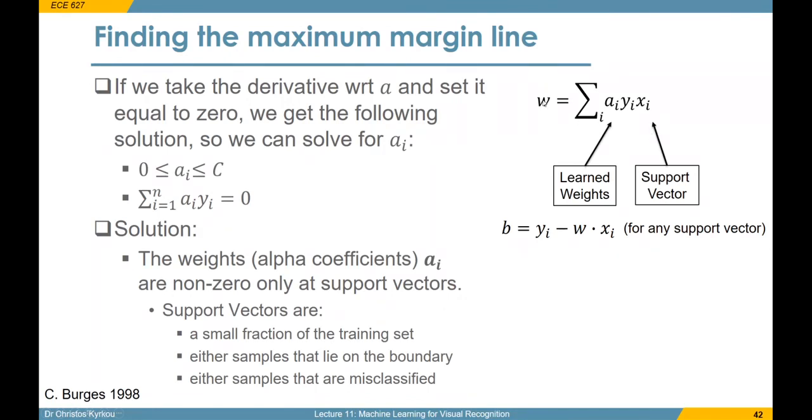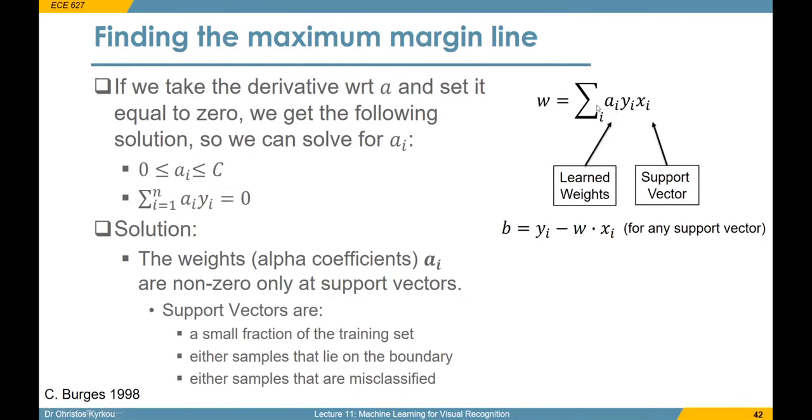You can see here that w is now a sum, a linear combination of the data points times their label times the alpha value, which is the weight. The alpha value incidentally gets values between 0 and up to the penalty term c.